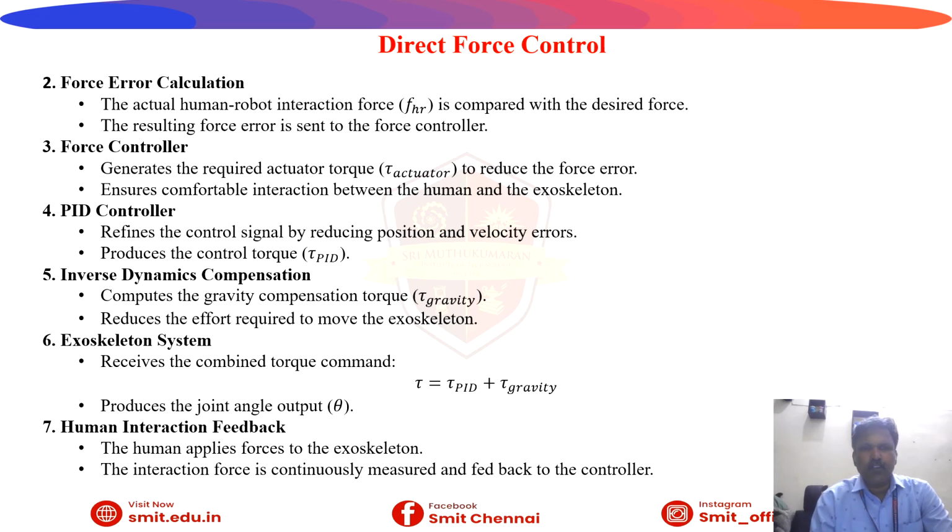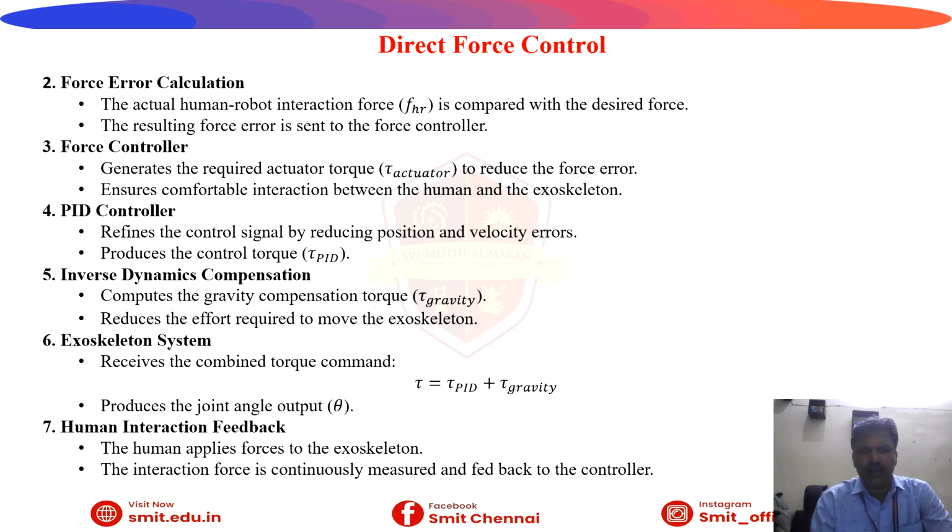The resulting force error is sent to the force controller. The force controller generates the required actuator torque, tau actuator, to reduce the force error and ensure comfortable interaction between the human and the exoskeleton.